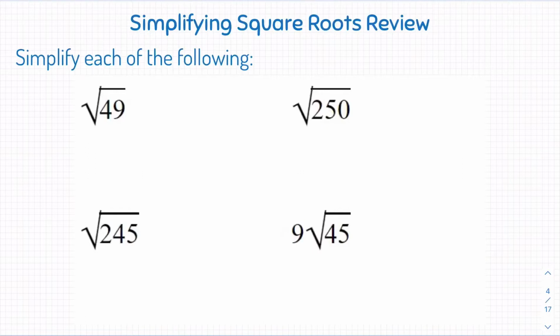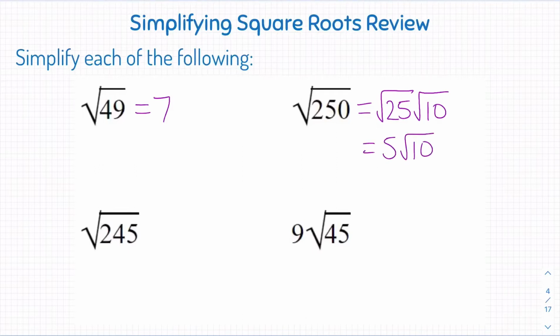In the first example, I know the square root of 49 is 7. Clean and simple. In the second one, the largest perfect square that divides evenly into 250 is 25, goes in there 10 times. So I get 5 radical 10.